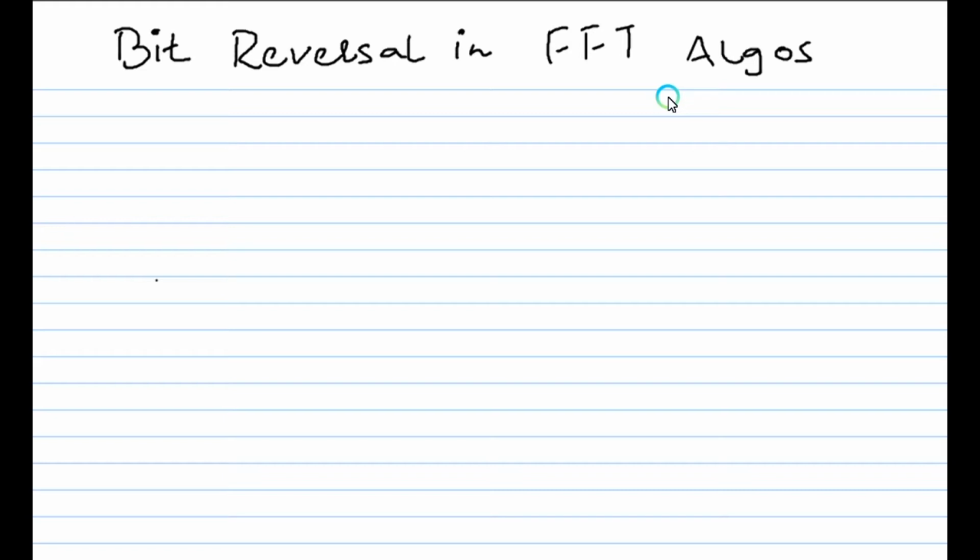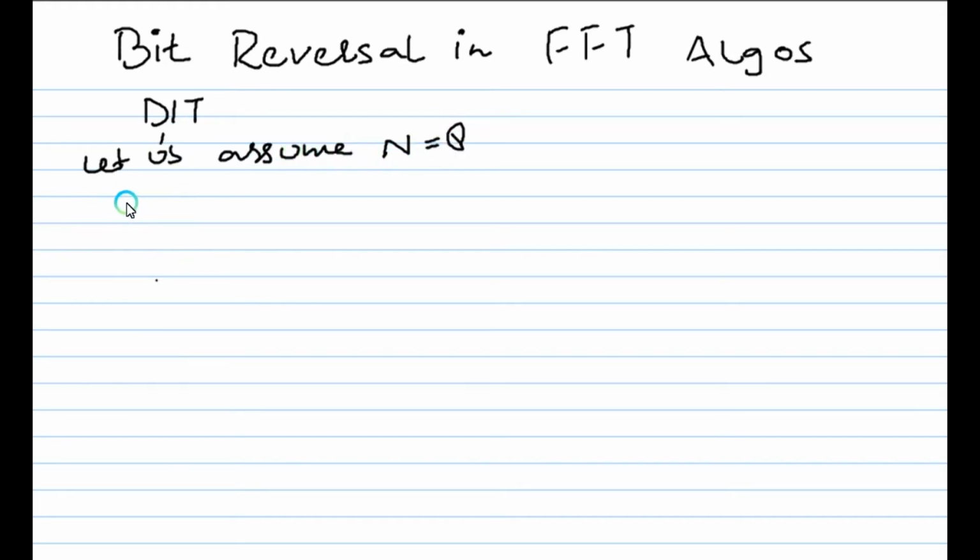Today I will be discussing bit reversal in FFT algorithms. If you remember the input sequence in the DIT algorithm, that is decimation in time, let's assume N is equal to 8.